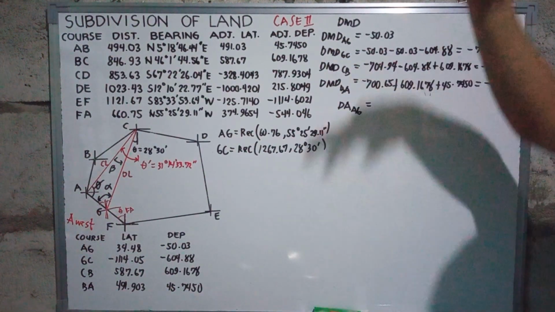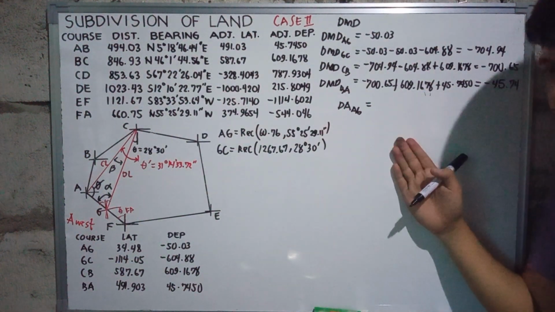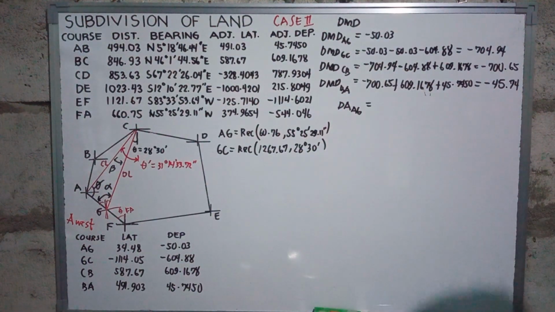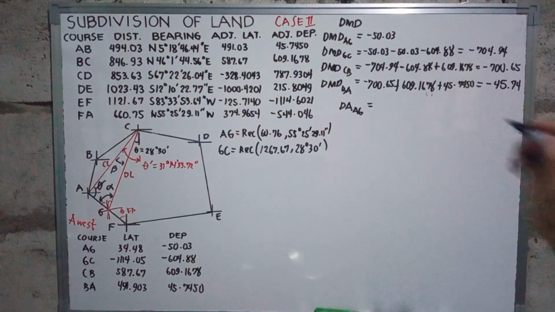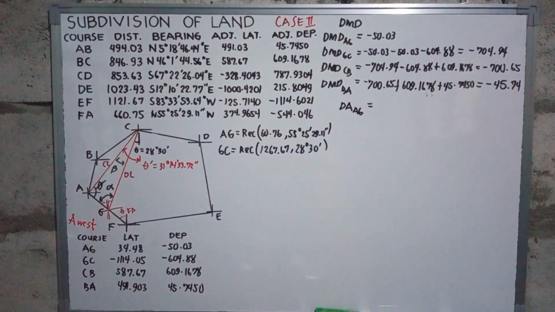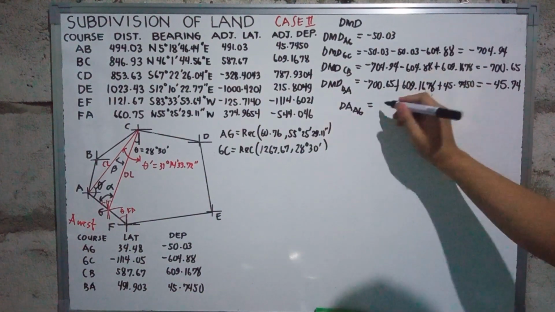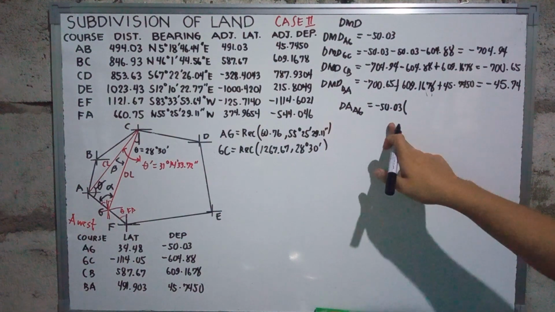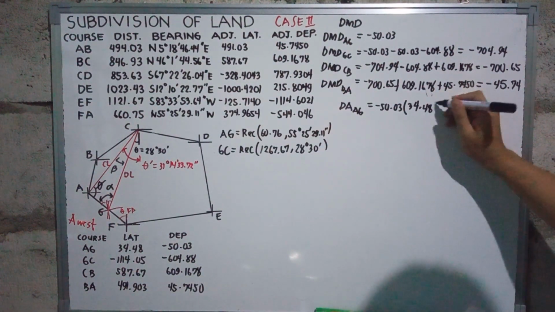So, dito naman, since ginamit natin is DMD, in computing for the double area, DMD multiplied by the latitude of the course. So, yung DMD natin for AG is equal siya sa negative 50.03 multiplied by the latitude niya, which is 34.48.